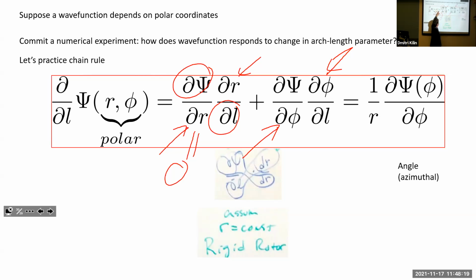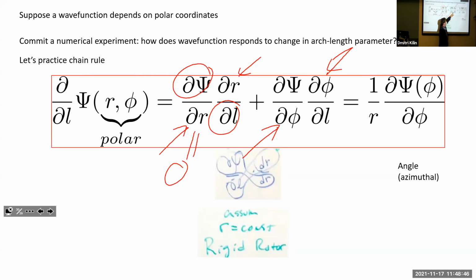Since there is a second variable, we do the same trick: derivative over angle, and then derivative of angle over the length. If for a couple of lectures we assume that radius is not changing, that we are just staying on a circular trajectory, then this dr term is 0, and we cancel it.